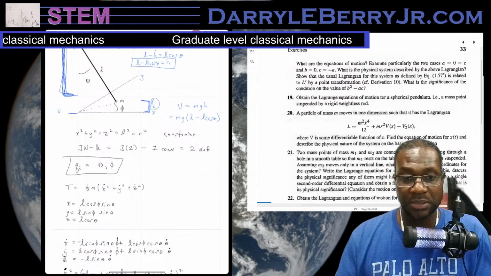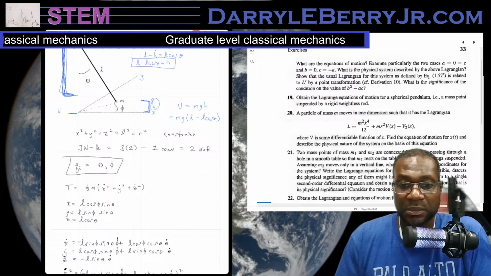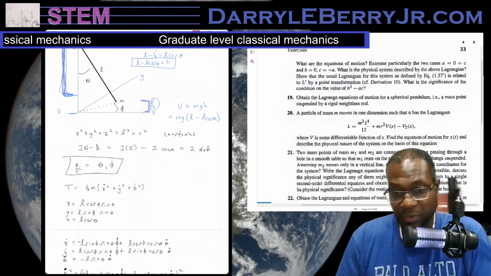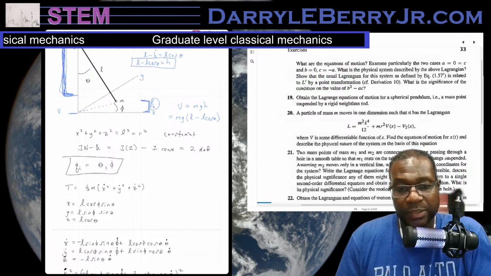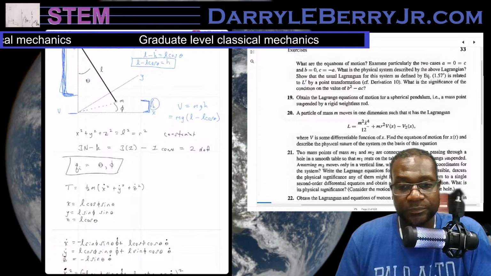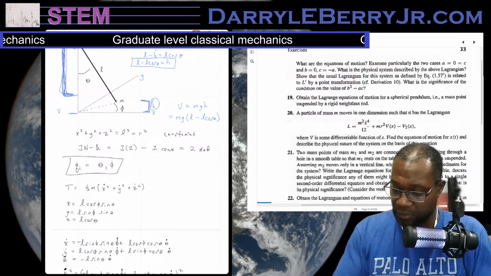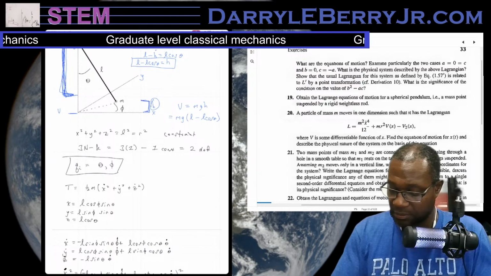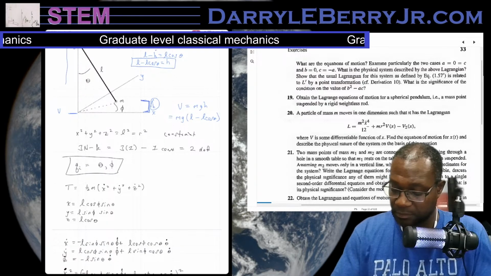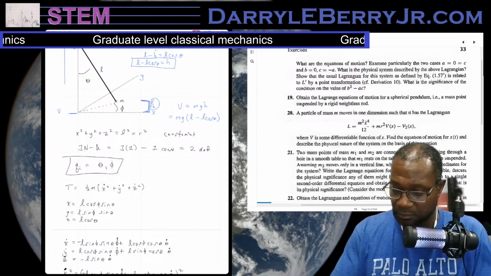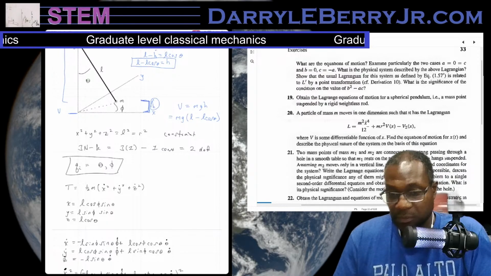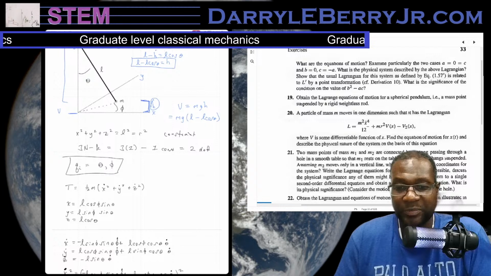The professor looks like she has mgL cosine theta, not the L minus. So let me think about that. L cosine theta is this part right here. Hmm, typo?